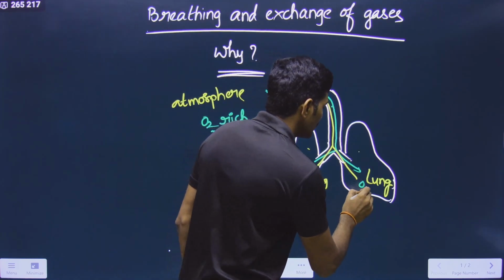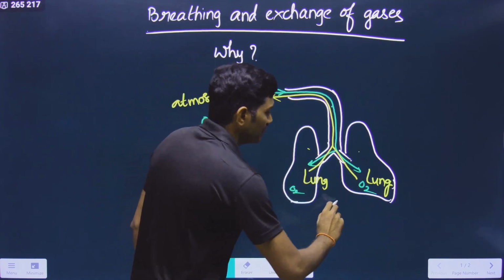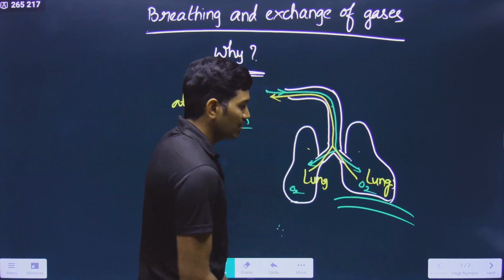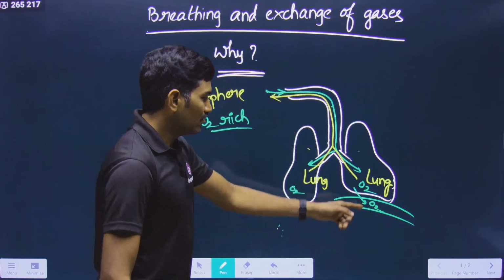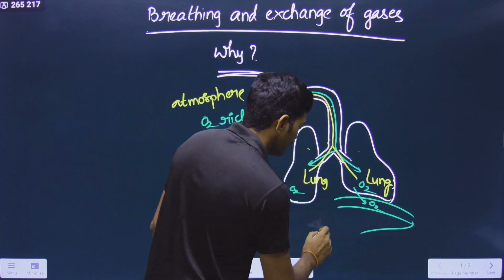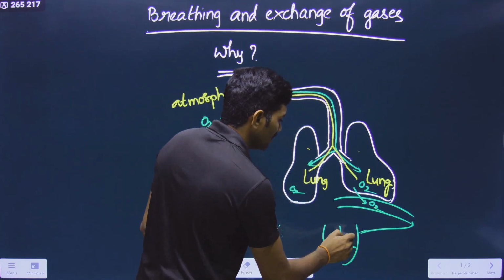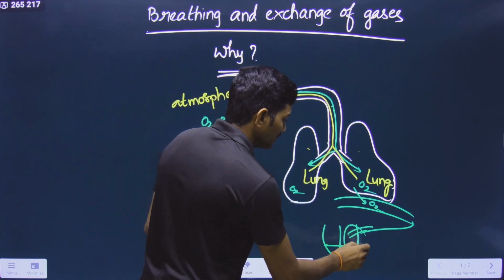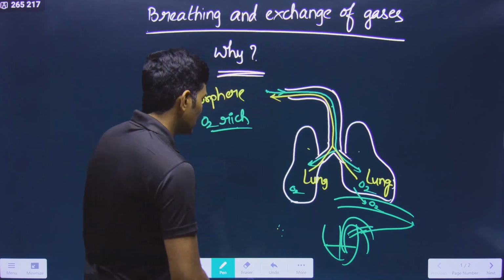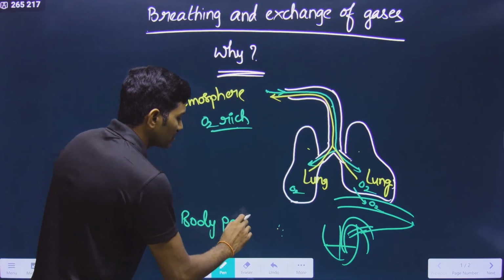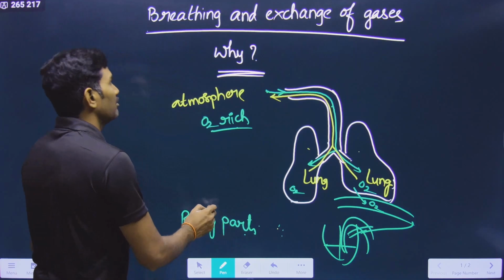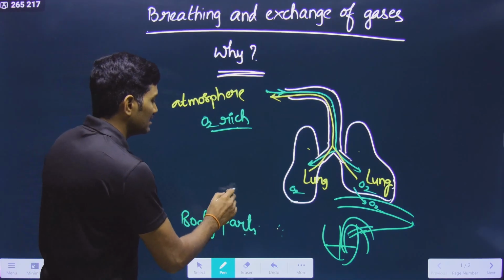Once oxygen comes into the lungs, blood supply is there. From the lungs, it goes into the blood circulation, initially to the heart, and then from the heart it is supplied to all the body parts. These body parts use the oxygen and release CO2.